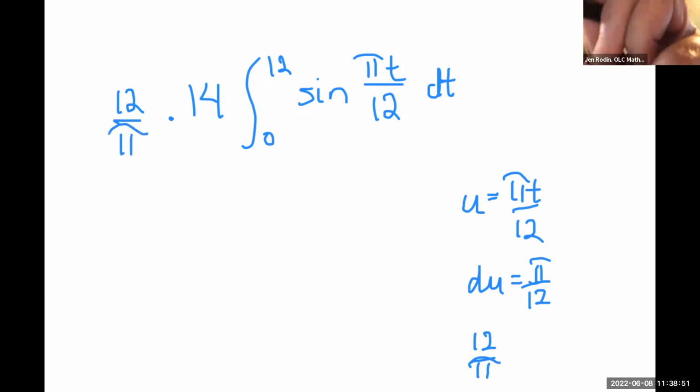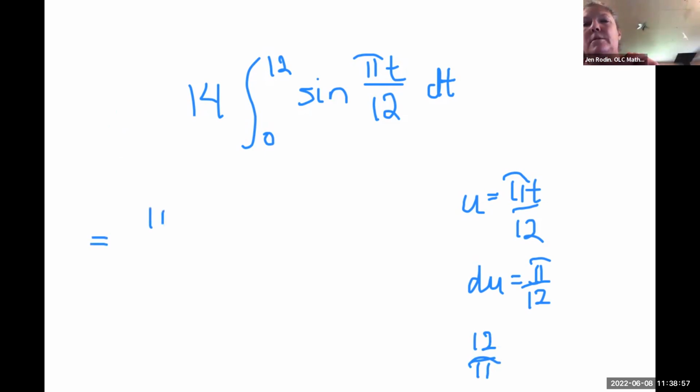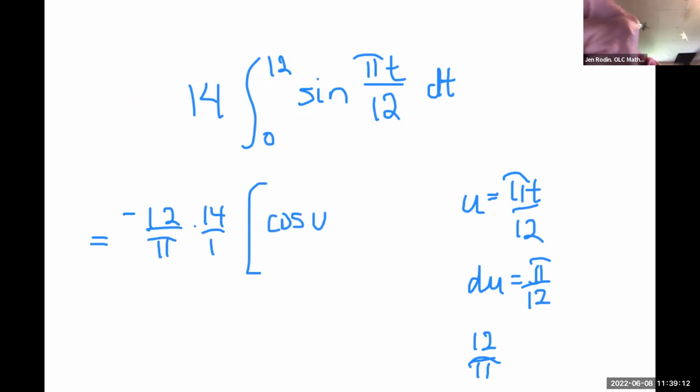Not yet, that wouldn't be correct. Next level equals 12 over pi times 14 times negative cosine u from 0 to 12.